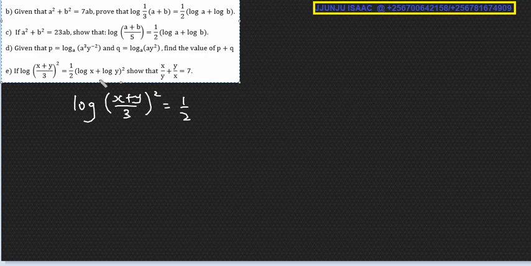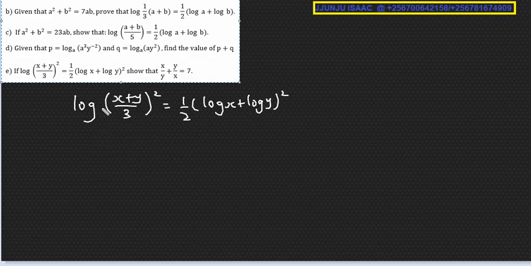Now here we have log x plus log y, and this is also squared. So in this bracket I can convert it to log xy because it is a product, and this half can go up.